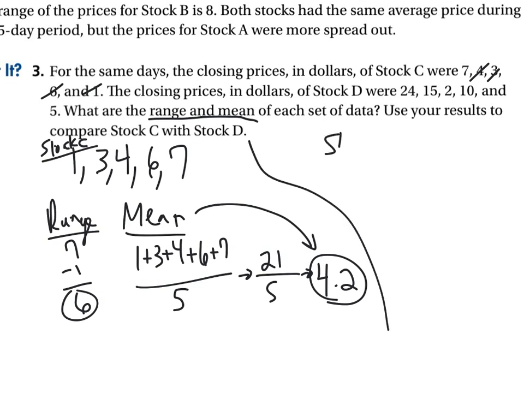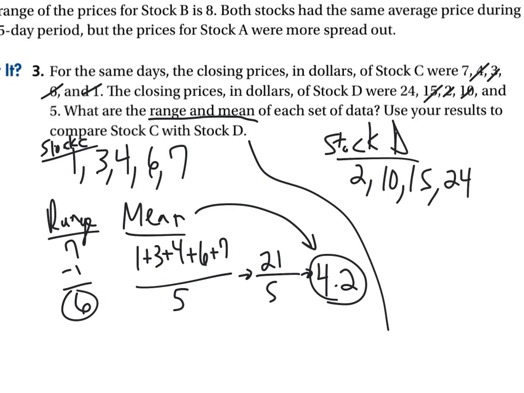And then stock D, so I almost missed the 5 there. The range, we would do 24 minus 2.